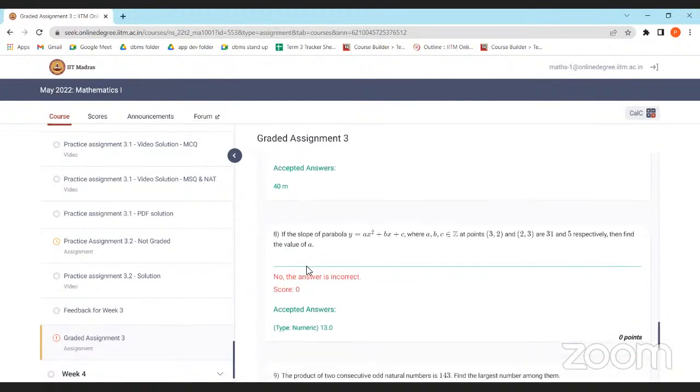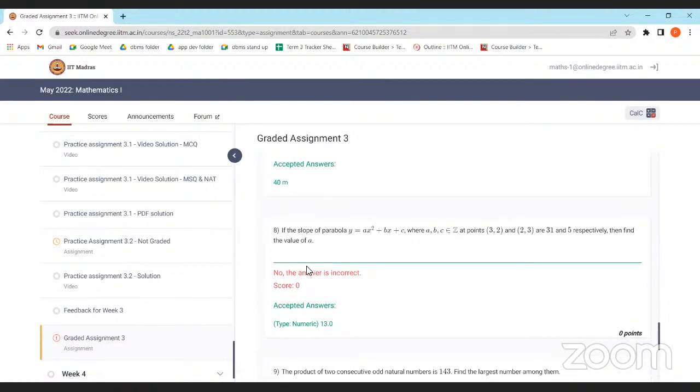There is nothing mentioned that you can't enter decimal values. Sir, if you solve with 45 and 40, you will get 15.5. Okay.